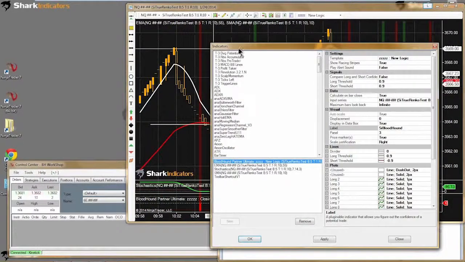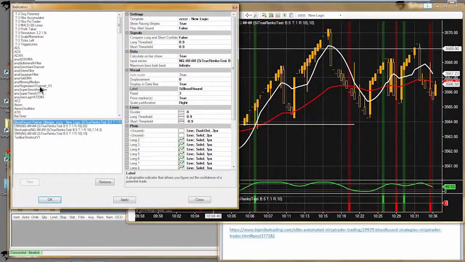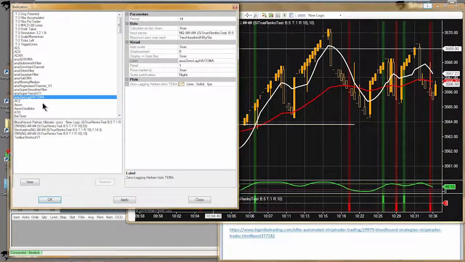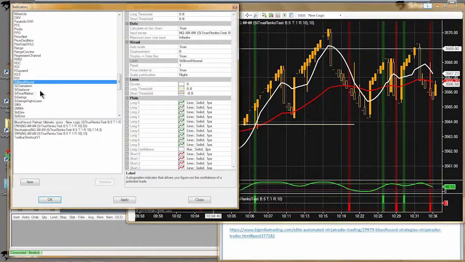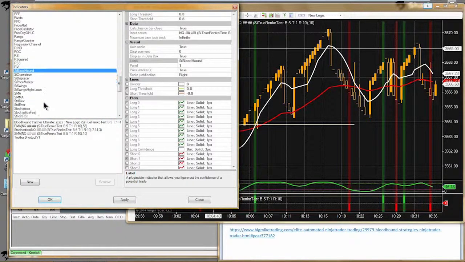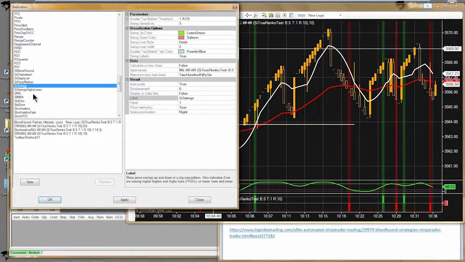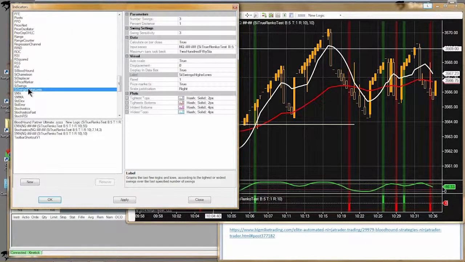I believe one of these indicators that we're using, written by Dorshand, it's either the swings or the inside swings or the swings high lows, has code inside that's calculating the Fibonacci numbers.